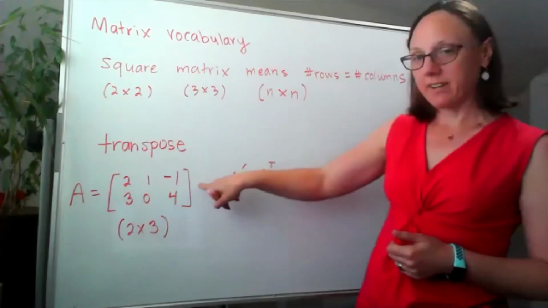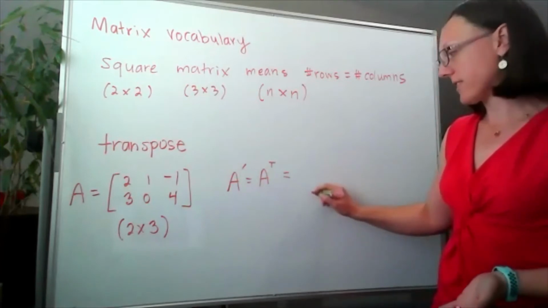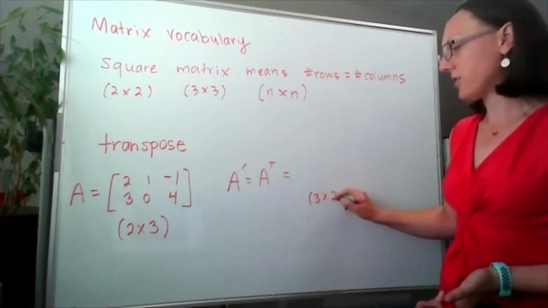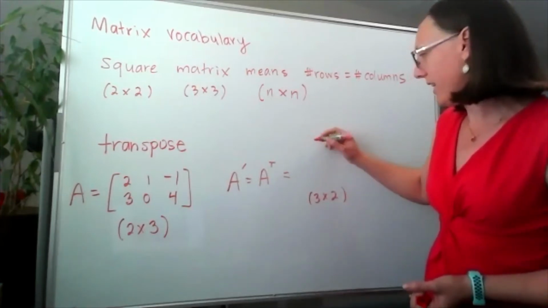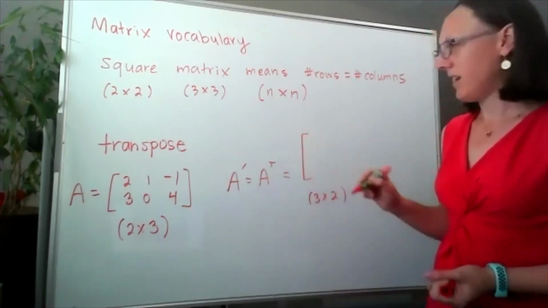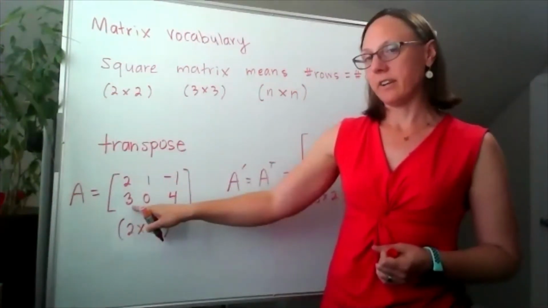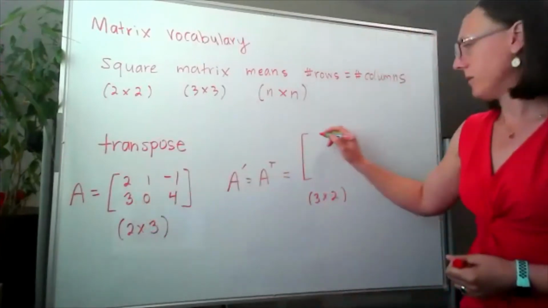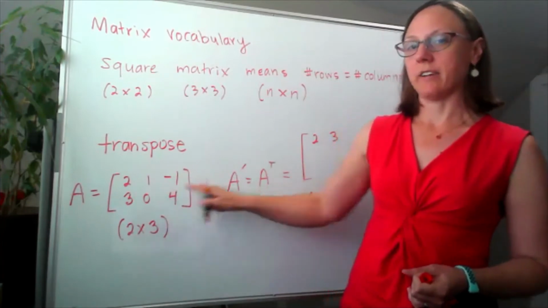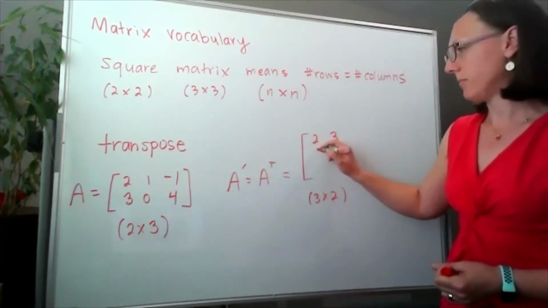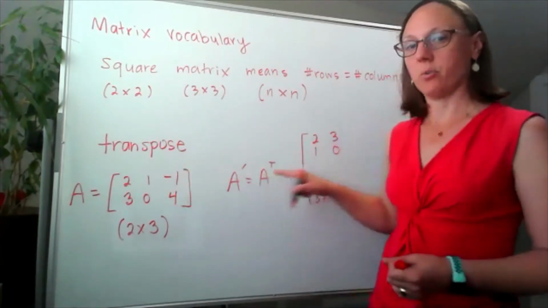So if I take the transpose of a matrix, my new matrix is going to become a 3 by 2, meaning 3 rows, 2 columns. The way I get there is I take my first column and turn that into my first row, my second column and turn that into my second row, and my third column and turn that into my third row.